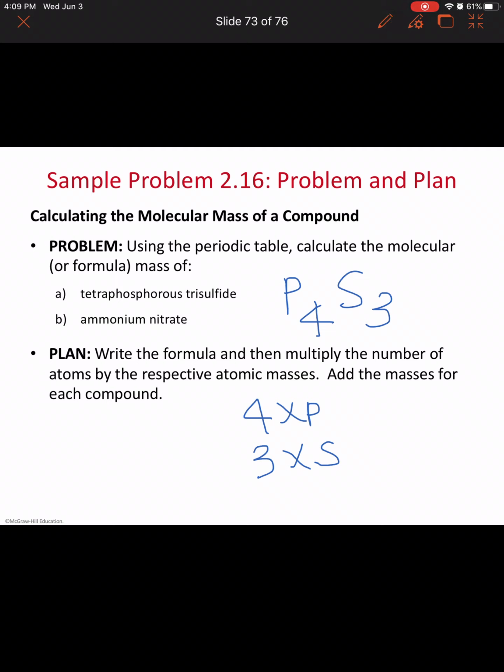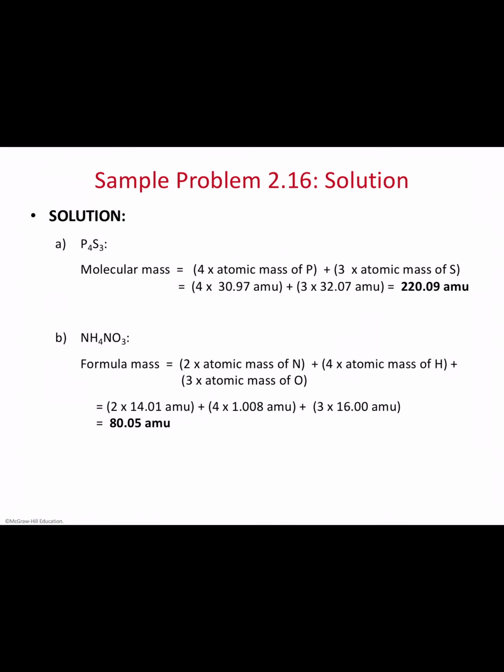You can refer to the molar mass from the periodic table. Atomic mass of phosphorus 30.97 times 4, sulfur 32 times 3. When you add all these together you get 220.09.